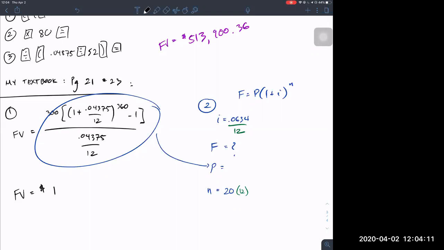It should be 222,713.97. So this number now goes here, and you just do the same exact problem, but with the second part of the formula, not the annuity again, right?